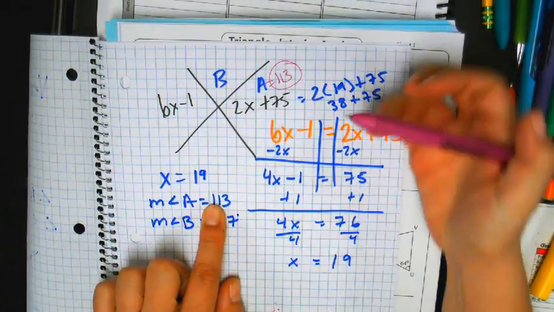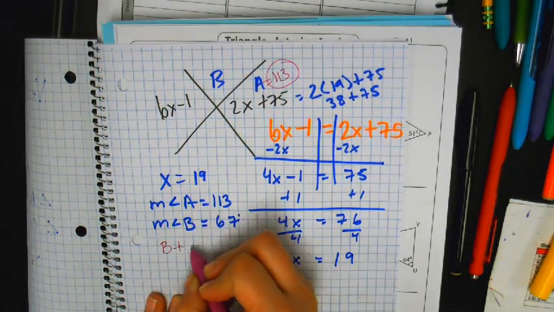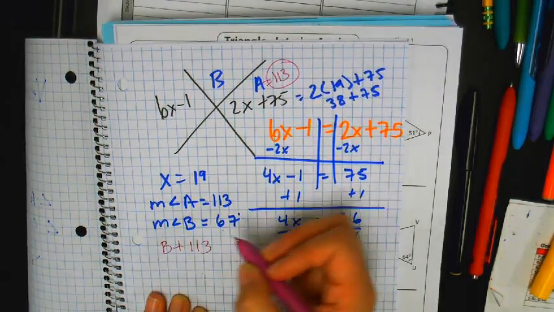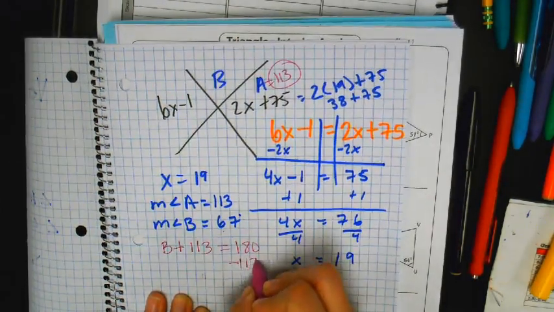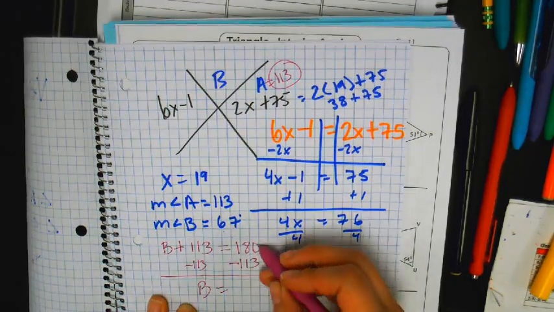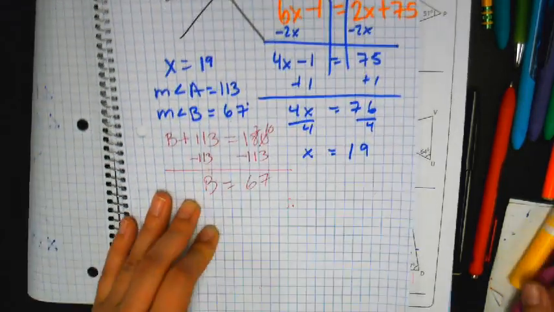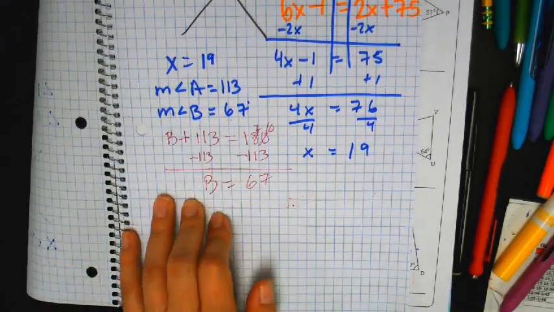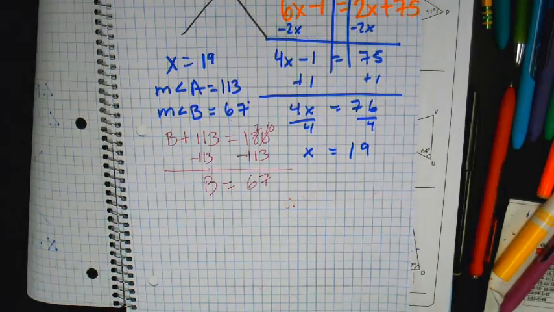So now I know B plus 113, which is A, is equal to 180 because it's a straight line. Subtract 113, subtract 113. B equals 67. I just did this in my head though. Should have shown it on paper. Alright, are we okay? It's okay. It's cool.